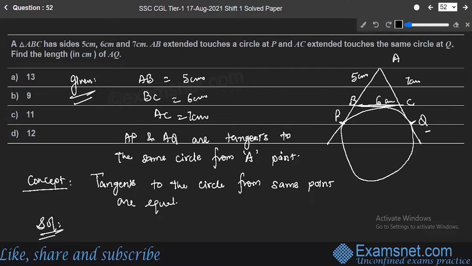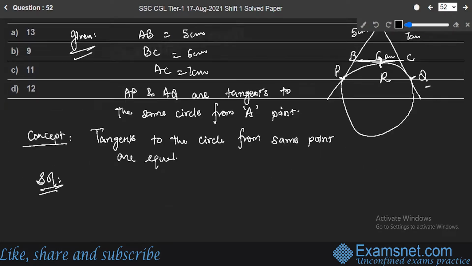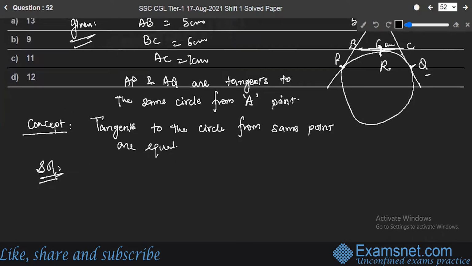Let's start. See, in this question, first of all, I'm assuming this side, if I'm taking this point as R, then BR is equal to BP. Why? Tangents from the same point.